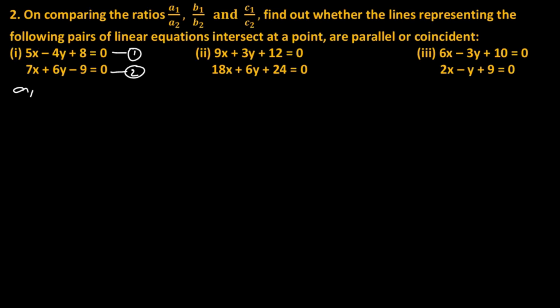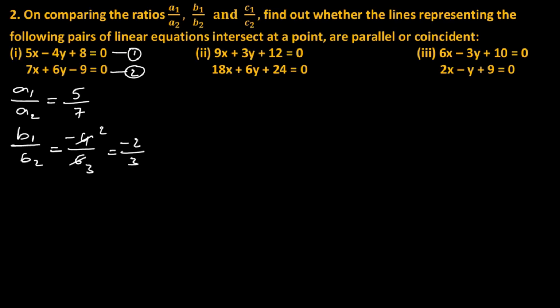So let us check a1 by a2. a1 by a2 is equal to 5 by 7. We can't cancel this. Then b1 by b2 is equal to minus 4 by 6. So 2 2s are and 2 3s are minus 2 by 3. So here only you can decide a1 by a2 is not equal to b1 by b2. So these are intersecting lines.